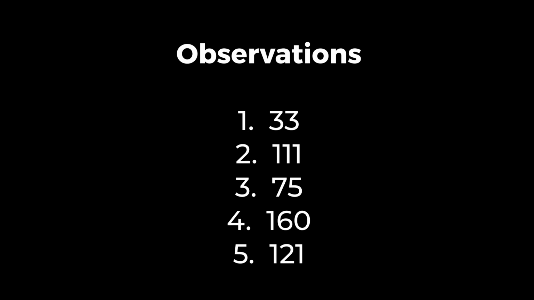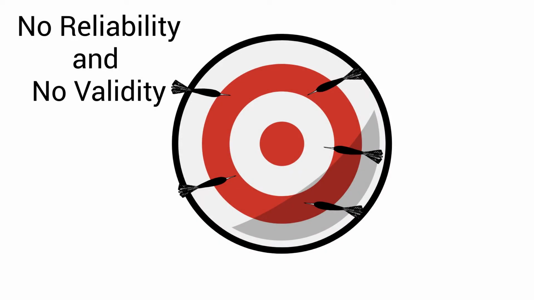These observations are unreliable simply because they are all over the place. I could also say that the scores are untrustworthy, undependable, and inconsistent. With respect to validity, validity is concerned about the extent to which my interpretation of the scores is justified, or if the way that I'm going to use the scores is justified.